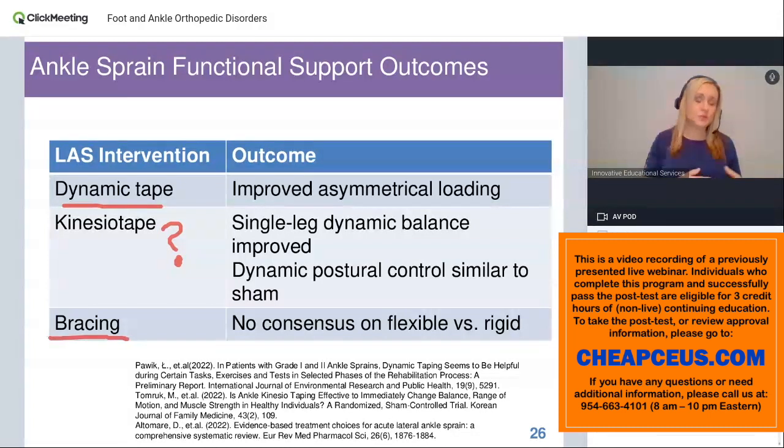Now, granted, it was a small cohort study, this particular one that I'm referencing, but as I looked at other research, trying to come up with a little more solid answer for everyone, larger reviews' specific wording is they cannot support or encourage the use of kinesio tape of the foot and ankle for functional performance for the ankle sprain patient.